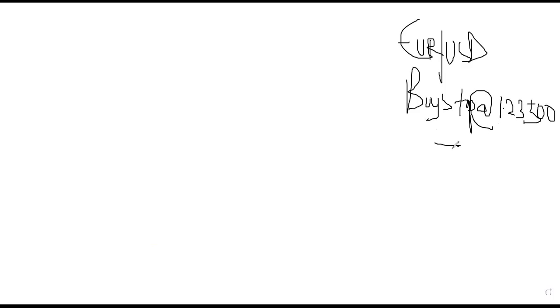Then your take profit one is 1.23600. Take note of the difference. Why is it 600? Because you successfully added 10 pips to 50. The 1 and 0 was added there.